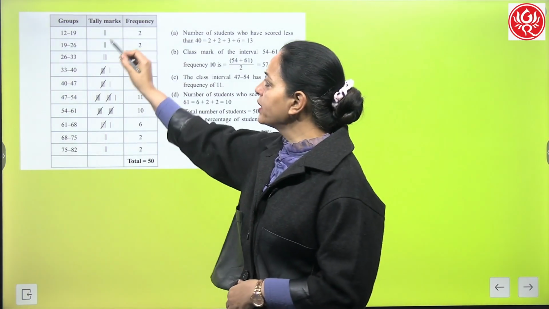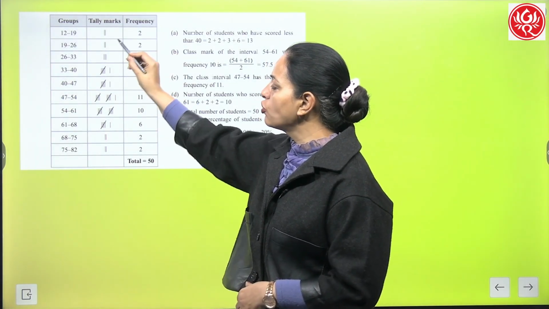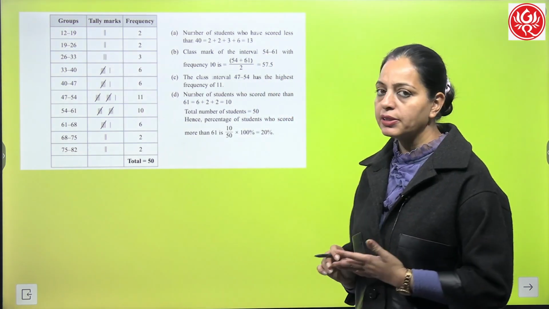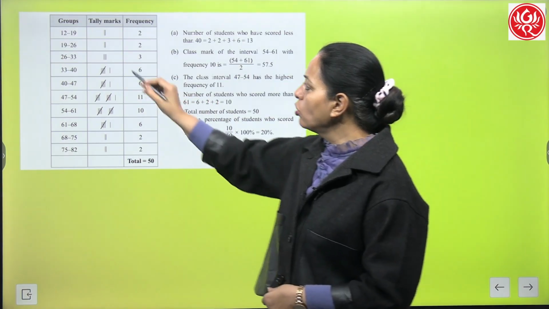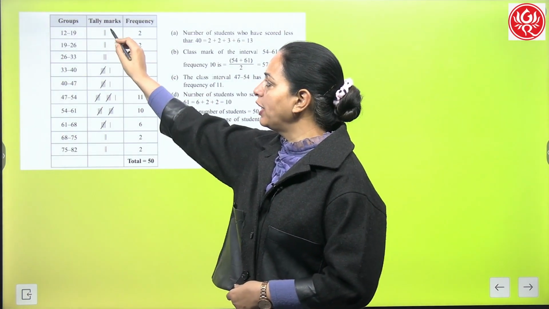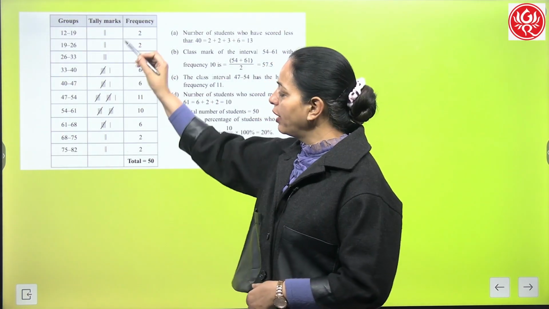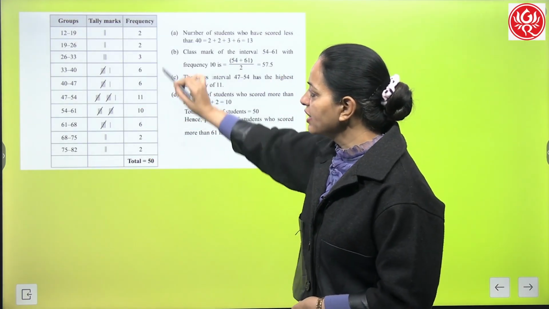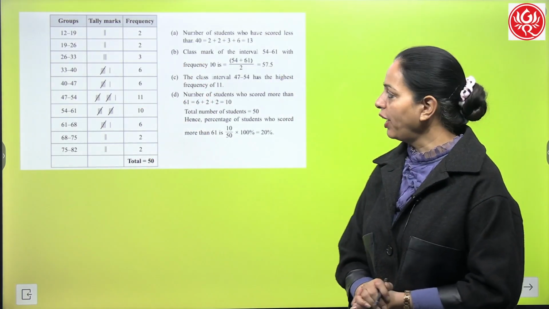Now here groups, tally marks and frequency. Now check between 12 and 19 how many numbers come. So here 2, so frequency is 2 and tally marks 2. ऐसे आप हर एक ग्रुप की चेक करेंगे frequency, so you are getting such type of table, right?